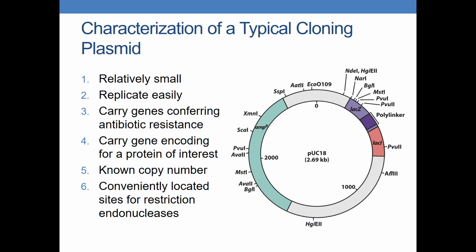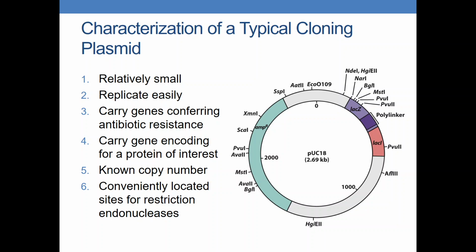So in this case, small plasmids are going to transform into cells with much higher efficiency relative to big plasmids. So big plasmids are not uptaken by cells quite as readily as small plasmids. So you want something small.